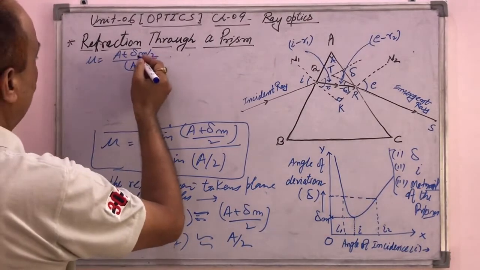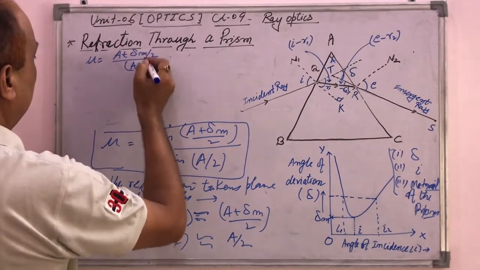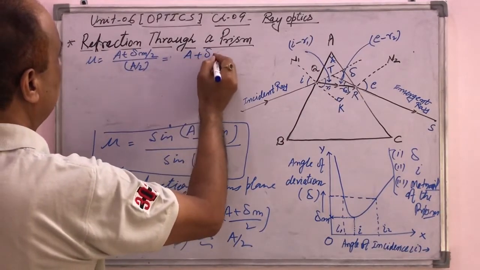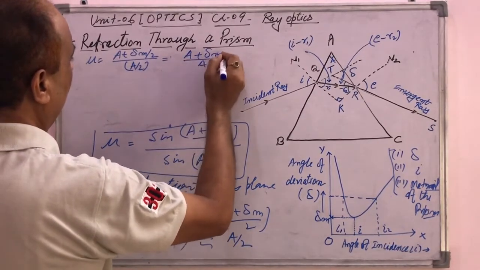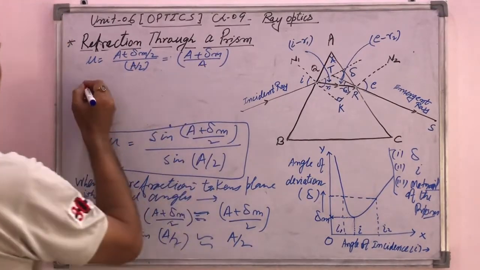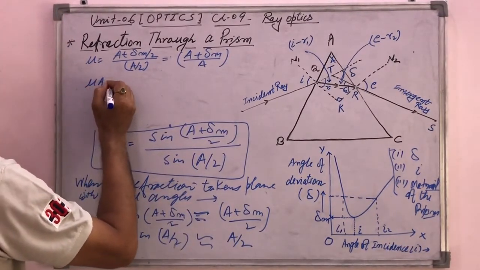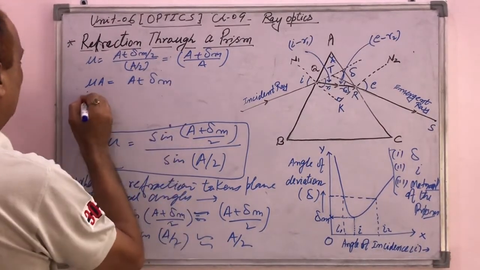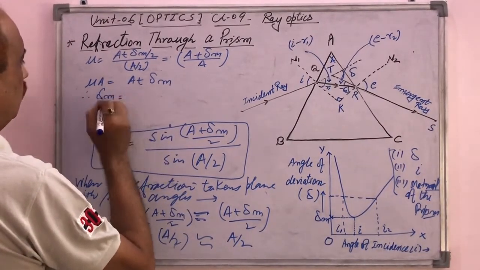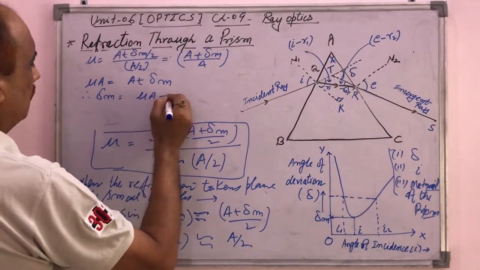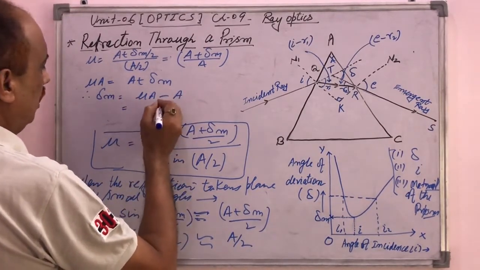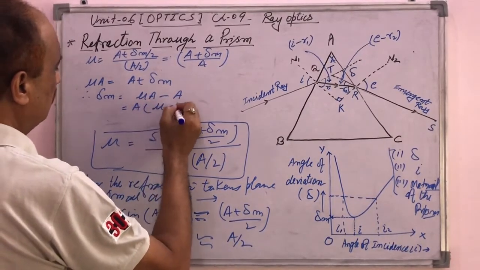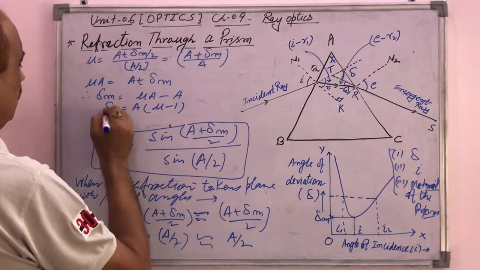Here the 2 cancels, and we get (A plus delta m) upon A. Now cross multiply. So mu A equals A plus delta m. Therefore delta m equals mu A minus A. Now taking A common, in the bracket we get mu minus 1, so delta m equals A times (mu minus 1).